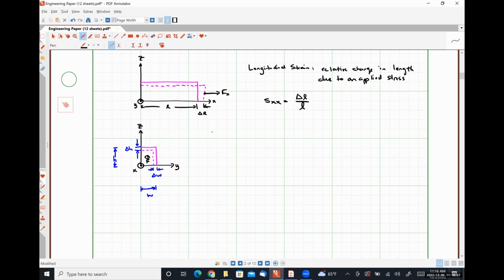All right, so we have a transverse strain, which is the relative change in lateral dimensions of a body due to an applied stress, where we'll have SYY is the change in width over the original width.